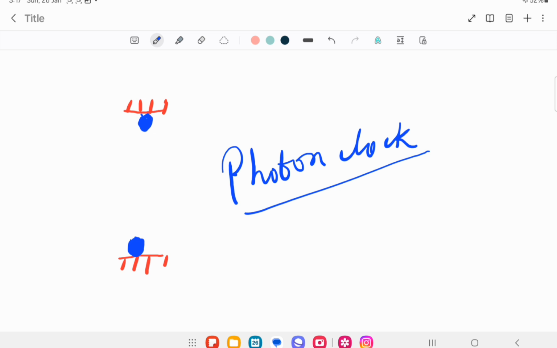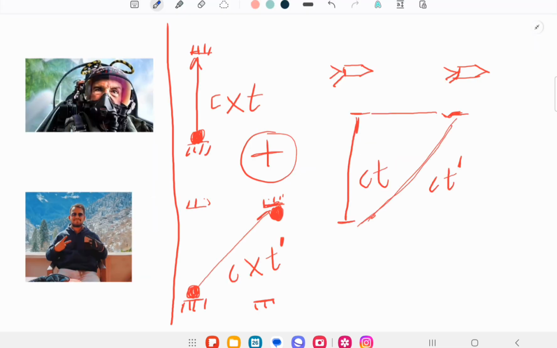Okay, so a photon clock is basically a clock with a mirror at both ends, and these mirrors reflect the photon. So there is a photon in between, and to measure time in this clock, the photon has to go up here and come back, and this would be one tick in this clock. Okay, so what's happening in Tom's photon clock?